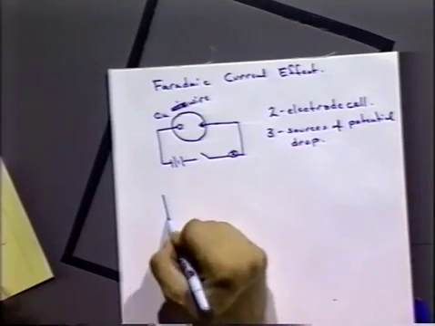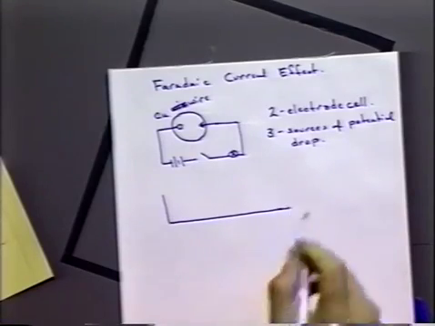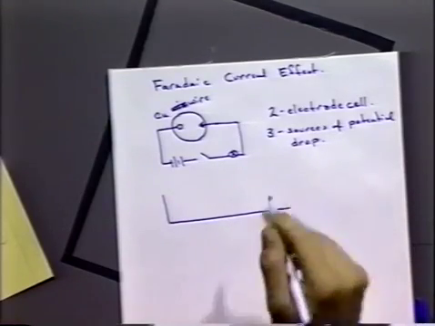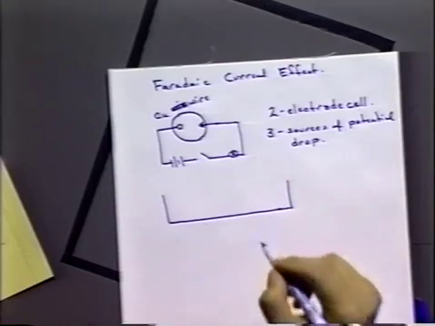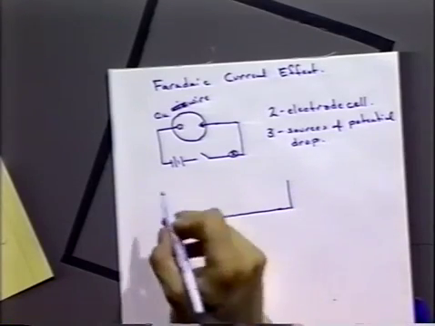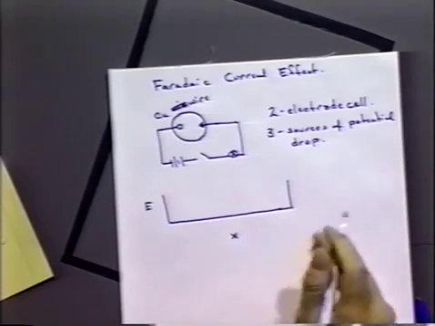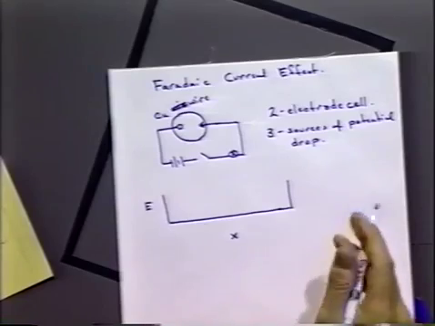If we did this cell in a kind of two-dimensional view, where one dimension is distance and the other dimension is potential, we could draw something like this. And we'll use distance as x.